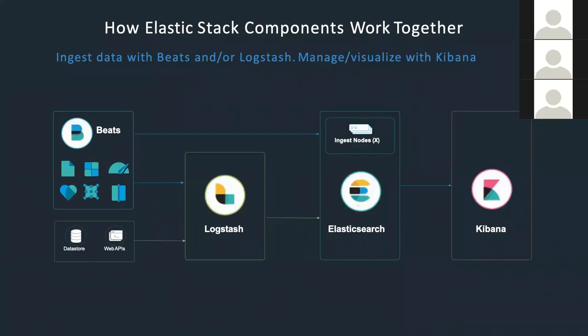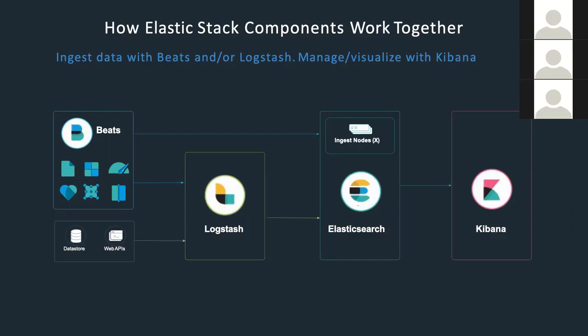Next, we're going to talk about how the components work together. The first layer contains the Beats. As I said, we can install them on Windows machines or Linux machines or whatever. It depends on the use case and on what you need to collect and ship. As I mentioned before, we can use Filebeat to collect logs from Linux or Windows machines.